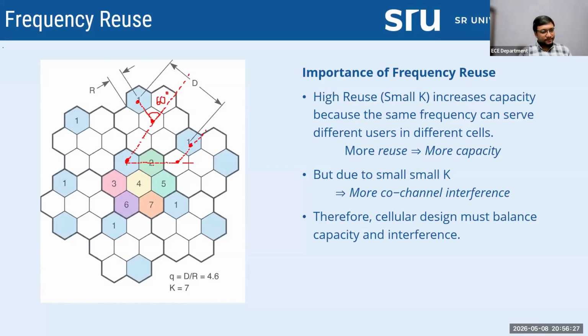Now, how to understand the concept of frequency reuse in that manner? Again, if you take this example, I am going in this way, and after that I am bending like that, a 60 degree angle.